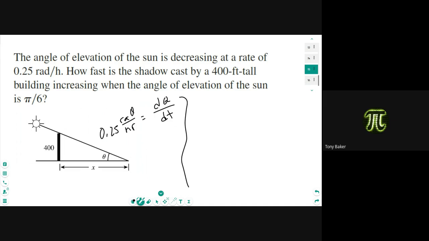You are not using Pythagorean theorem. It is something to do with tangent, but you can't put the 125. Remember, the 125 is a derivative. It's d theta over dt. It's actually pi over 6 is your theta.